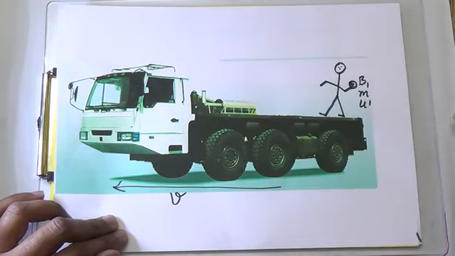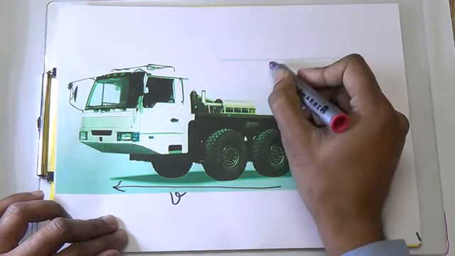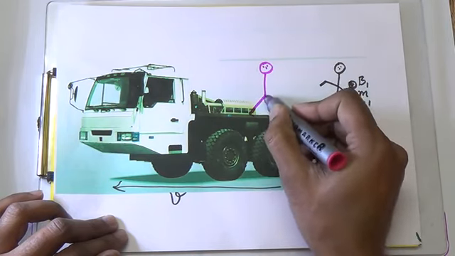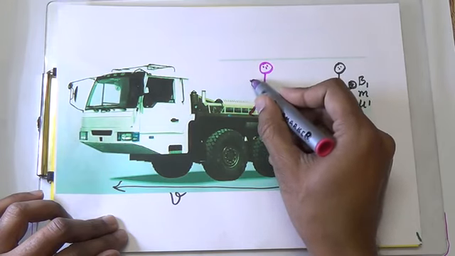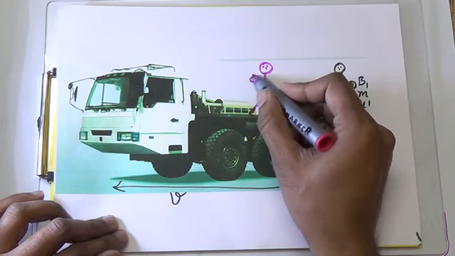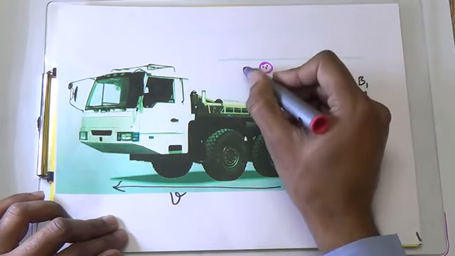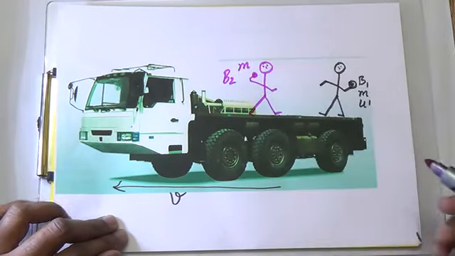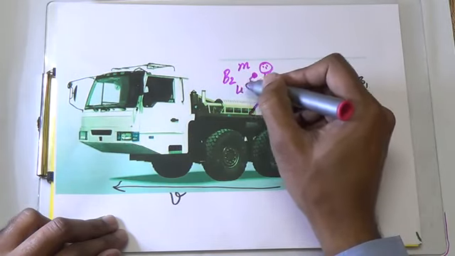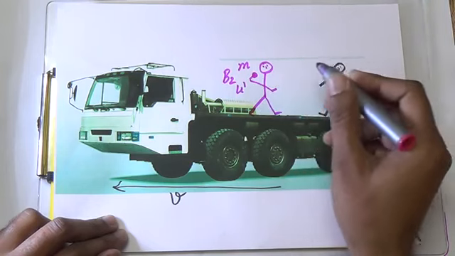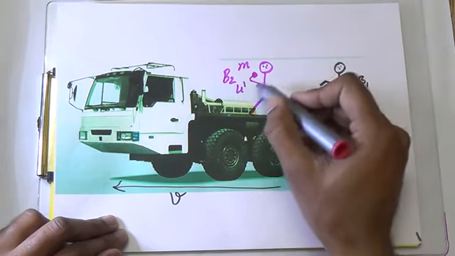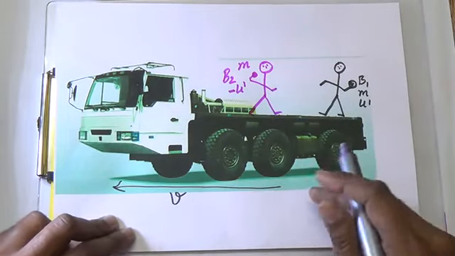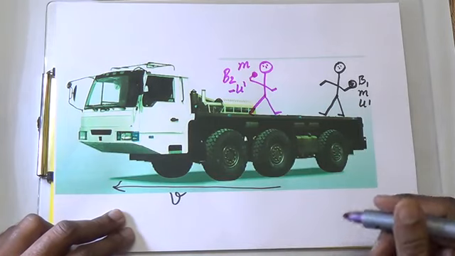One more man here, with a second ball b2, for example. The mass of this ball is again the same, and the speed will be u prime, but this time the speed is negative with respect to the driver because the truck is moving in this particular direction.